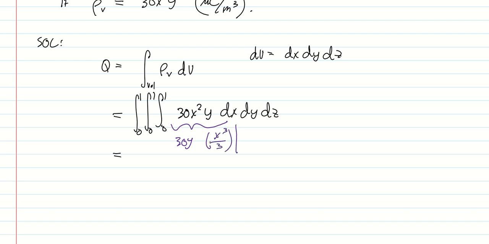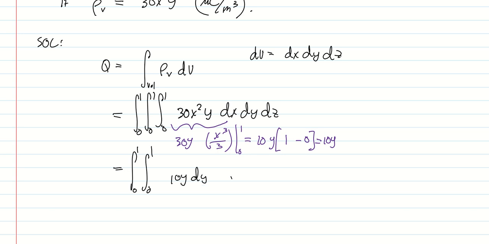Applying the limit from 0 to 1, we have 30y times 30 divided by 3, which is 10, times the upper limit 1 cubed minus the lower limit 0 cubed. So this part is equal to 10y. We still have a double integral left, from 0 to 1 of 10y, with dy and dz. The dx disappears.